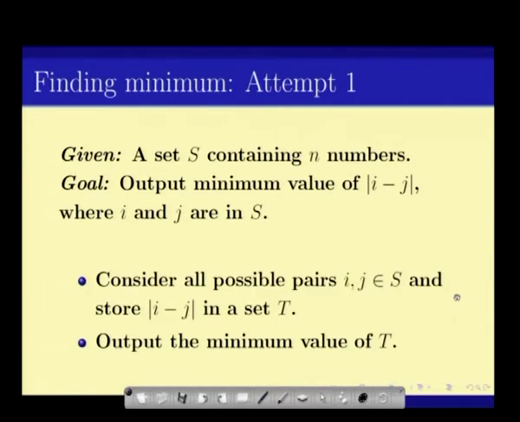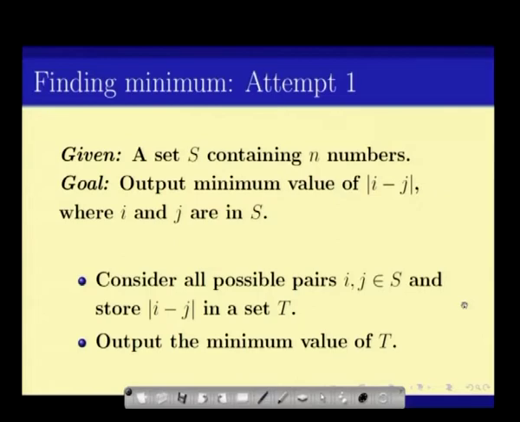So, the first attempt was just to try out all possible pairs i and j, store the value i minus j in a set T, and then find the minimum of this set T. Now, this is clearly the right answer, because we are looking over all possible pairs.